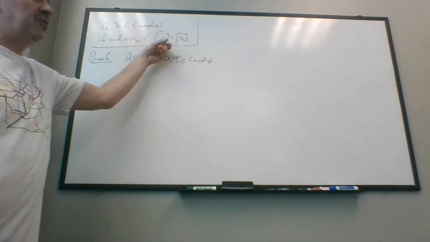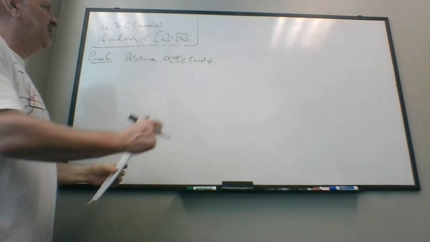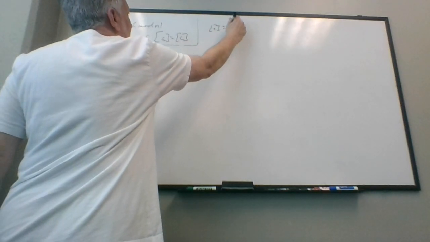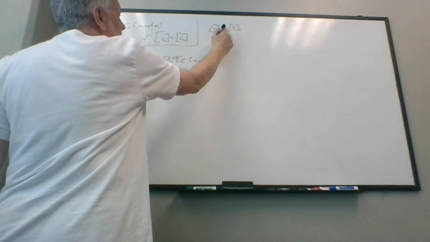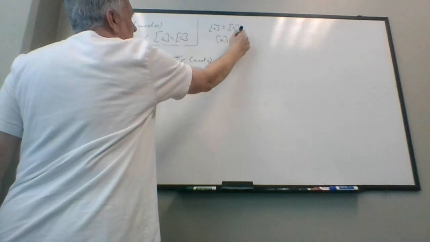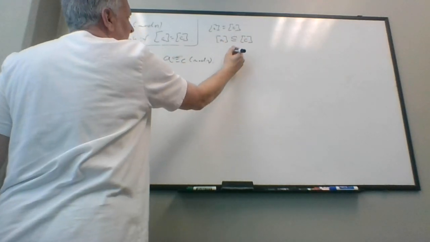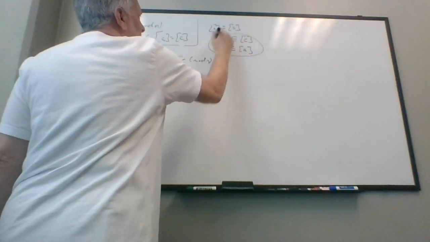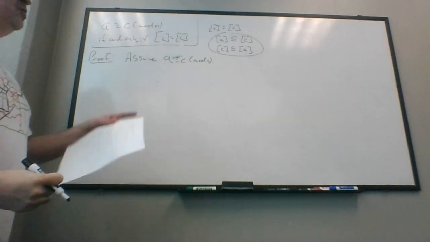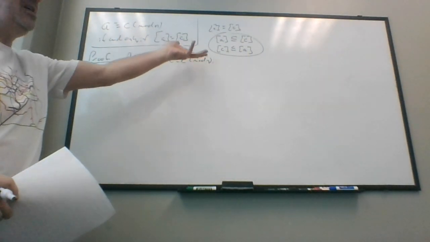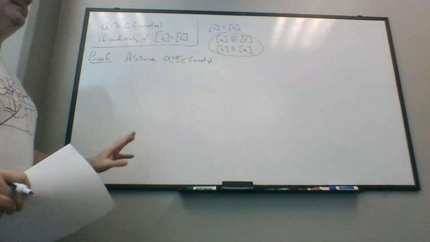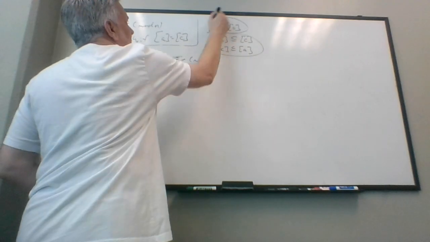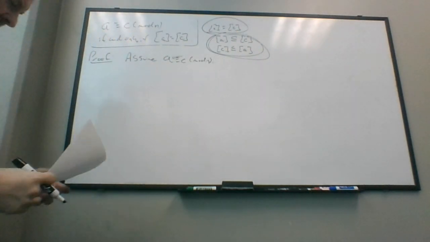To show two sets are equal, you have to show containment both ways: the class of A is a subset of the class of C, and the class of C is a subset of the class of A. We're only going to do one of them and say the other way works exactly the same. But if they didn't work the same, you'd have to work them both out to reach this conclusion.